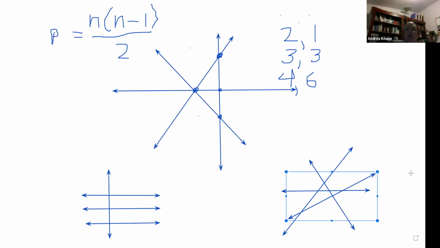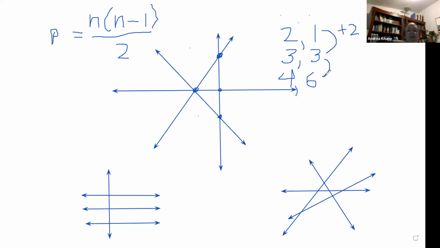Okay, so now in trying to find the formula, you can play with these numbers. So two lines gave me 1 intersection, 3 lines gave me 3, 4 lines gave me 6. I notice that this one is adding. So what you want to look for is patterns. I notice this one is going up by 2, from 1 to 3.